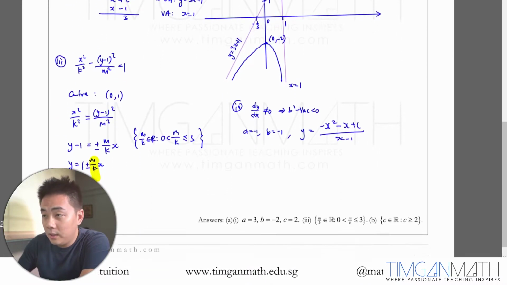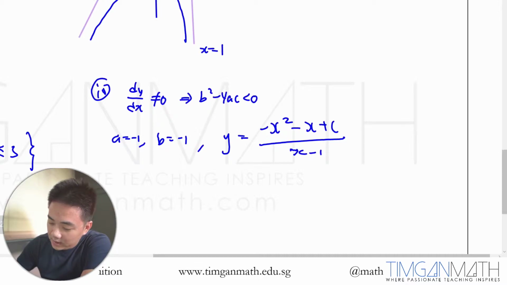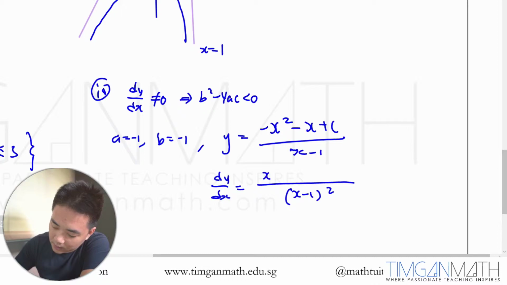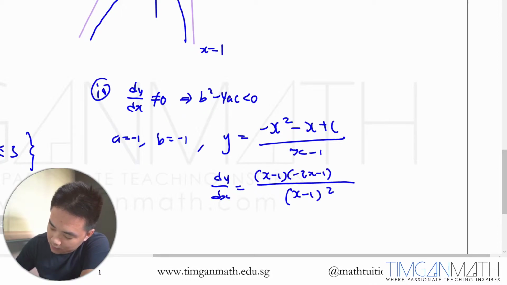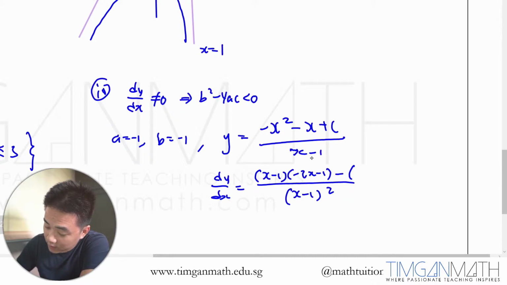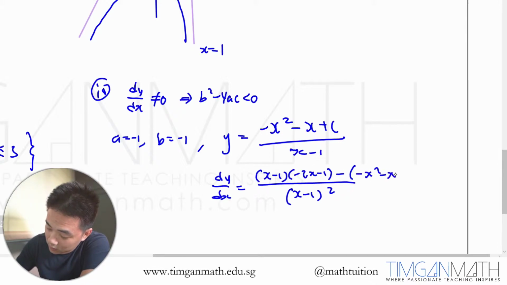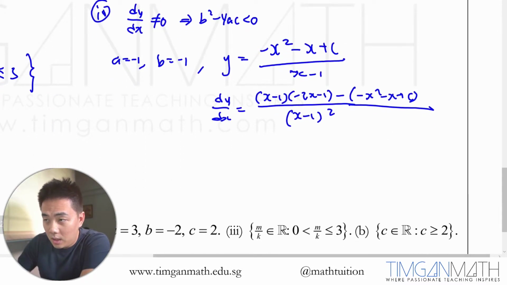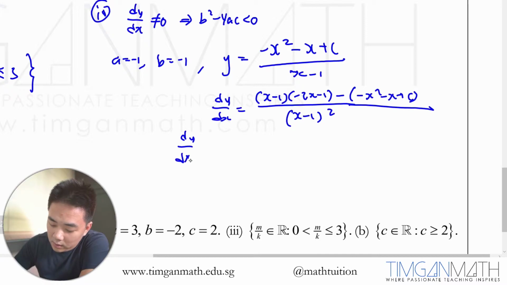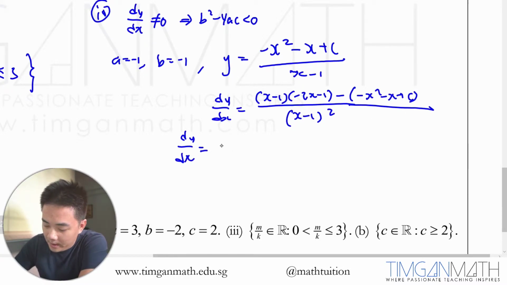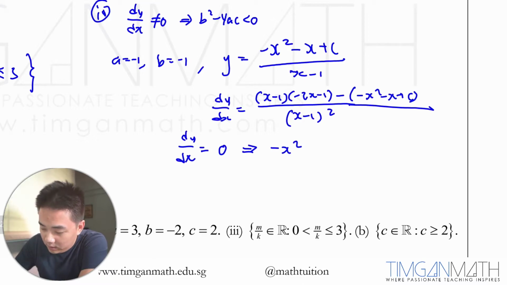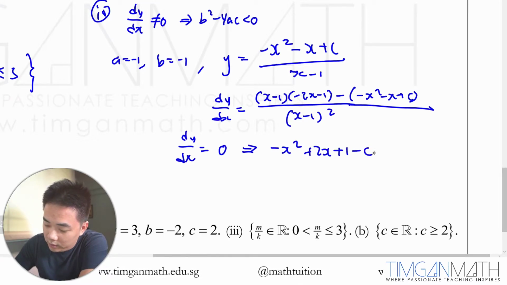Using the quotient rule, v du minus u dv over v squared, with a constant left as is. When dy/dx equals 0, we just expand the top. Minus x squared plus 2x squared, so the numerator reduces to this form.